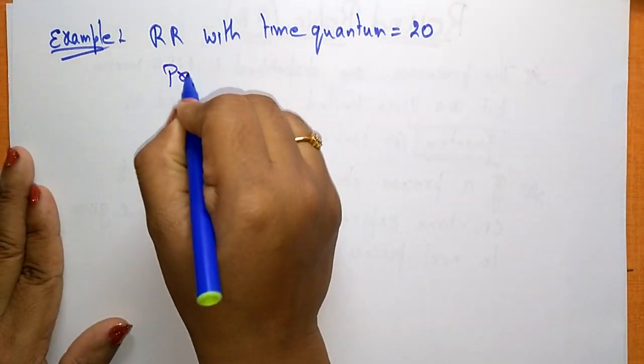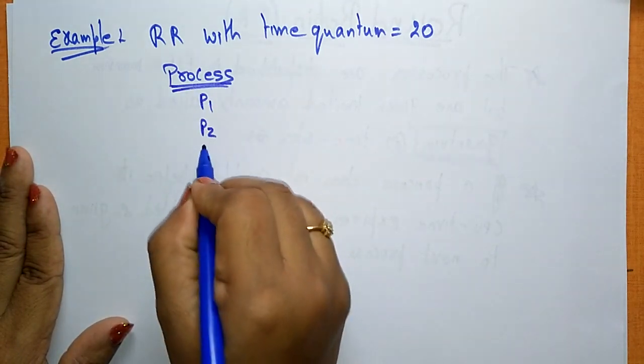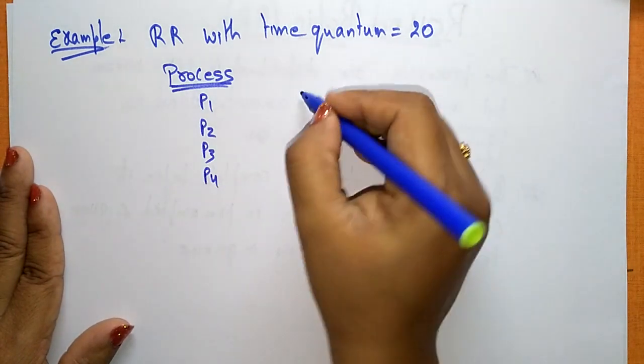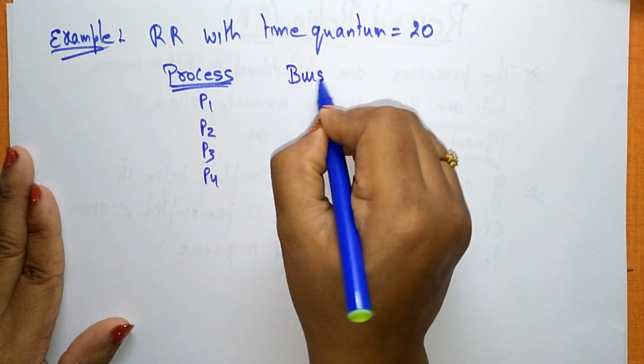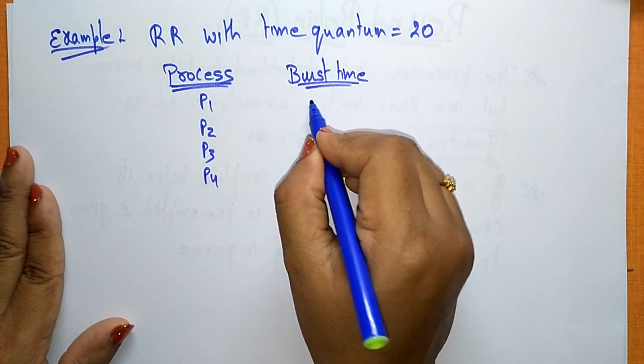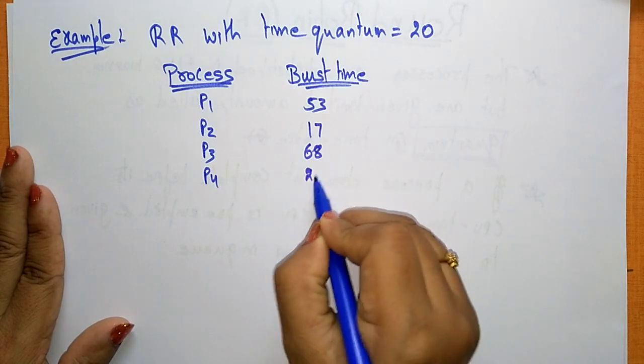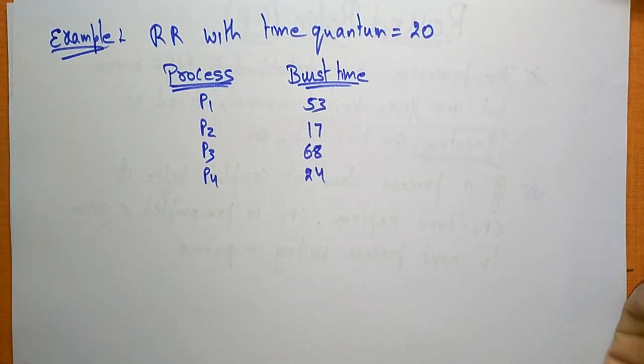Let us take processes P1, P2, P3, P4, and the burst times are 53, 17, 68, 24.